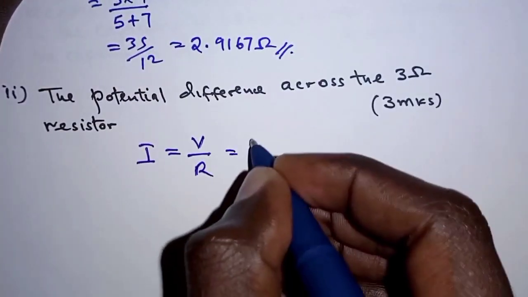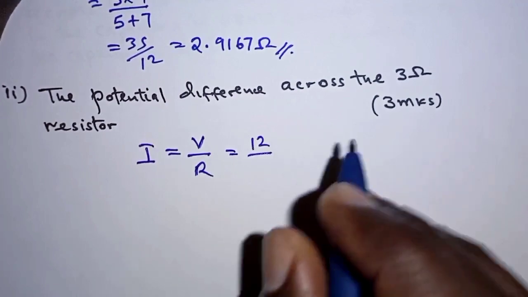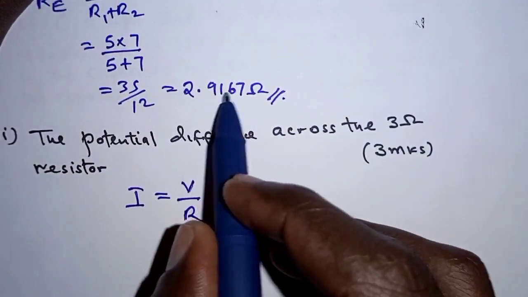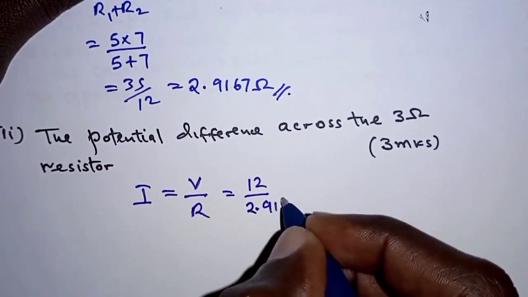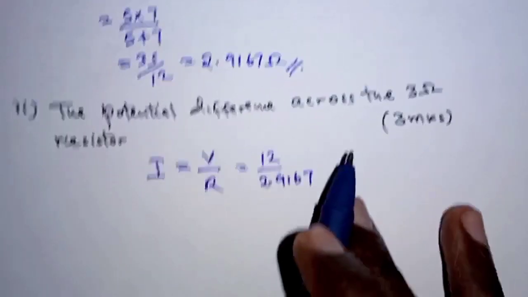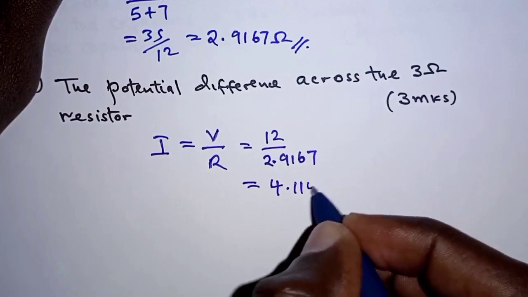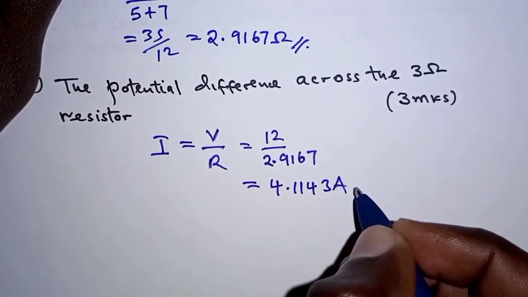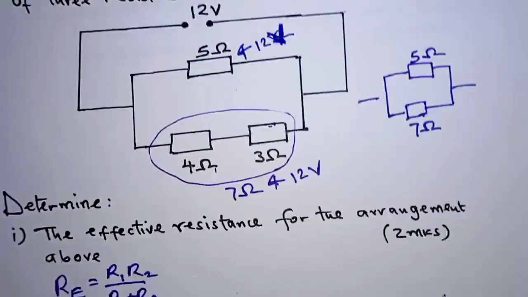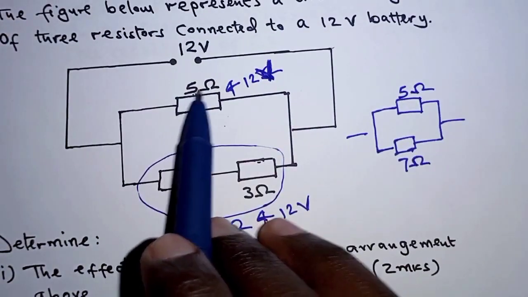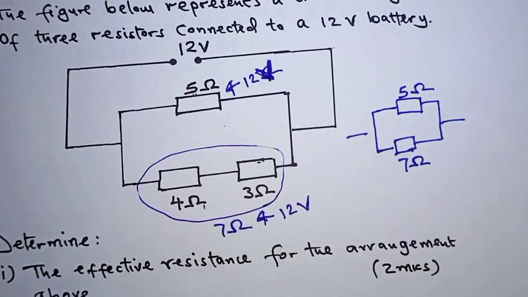And the total voltage is 12 volts. And total resistance we've worked out here, 2.9167. So from this, the total current is 4.1143 amps.